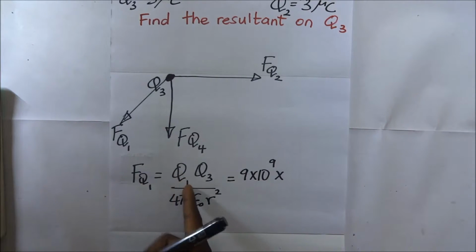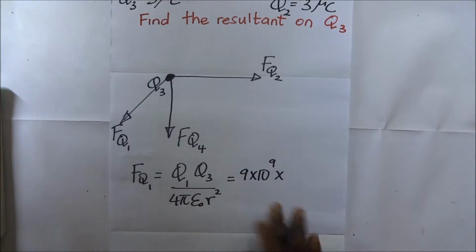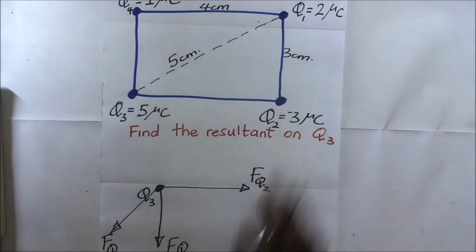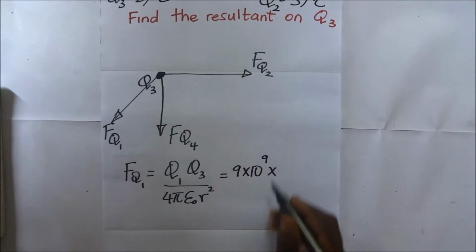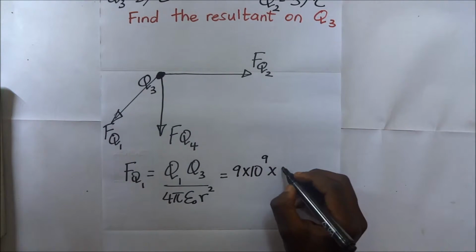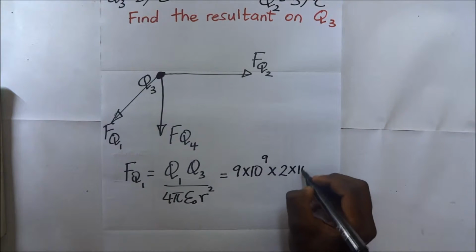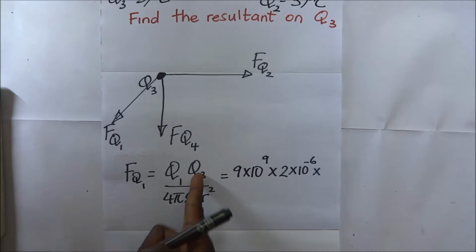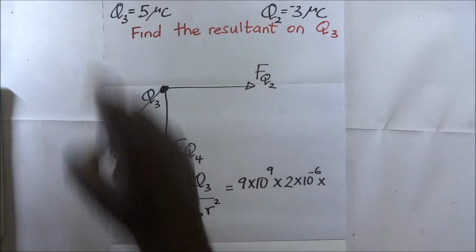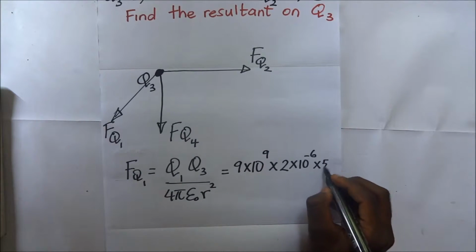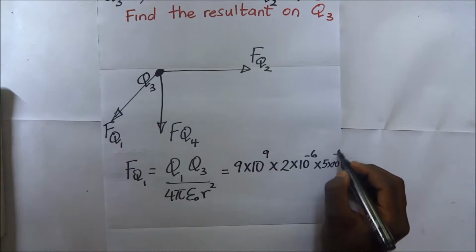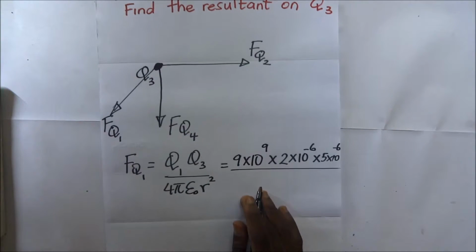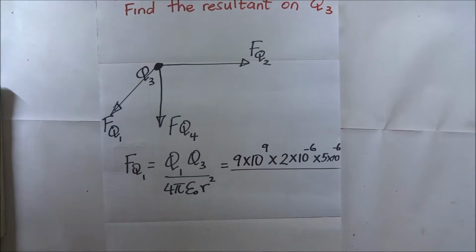Multiply that by Q1. If we look here, Q1 is 2 microcoulombs, so it's 2 times 10 to the power negative 6. Multiply that by Q3. Our Q3 is 5 microcoulombs, so it is 5 times 10 to the power negative 6. Divide all this by their separation squared.